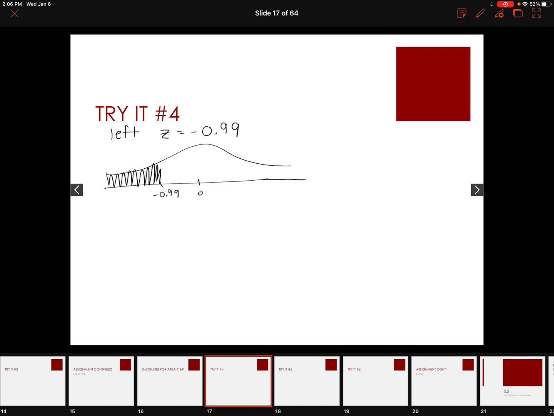Since it says to the left of that, I can just look at my table. So I go to A16 and A17 in my book. I look at negative 0.99, and I see the area is 0.1611, and I can leave it as is.